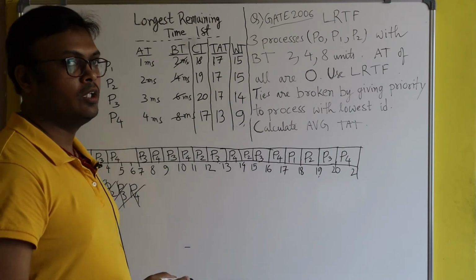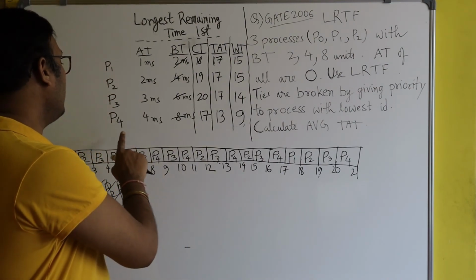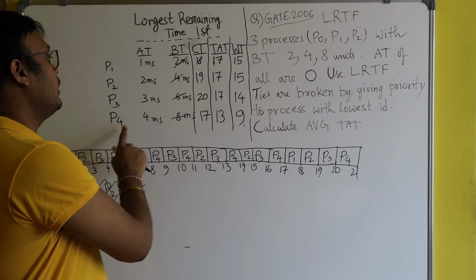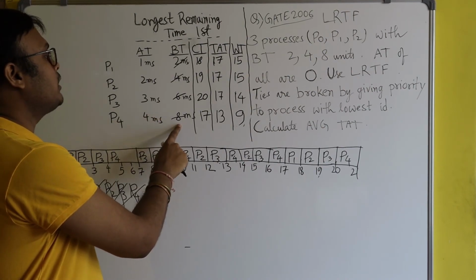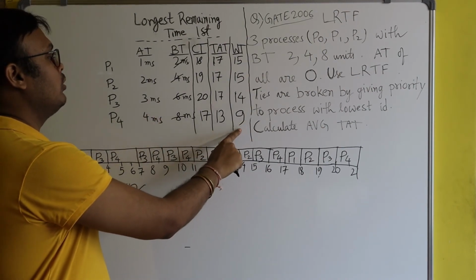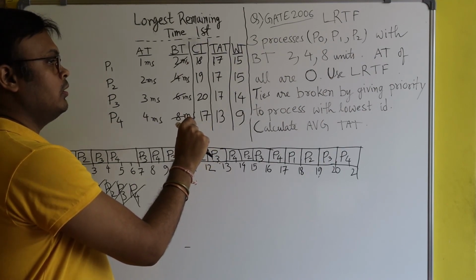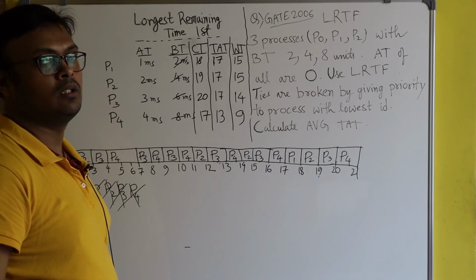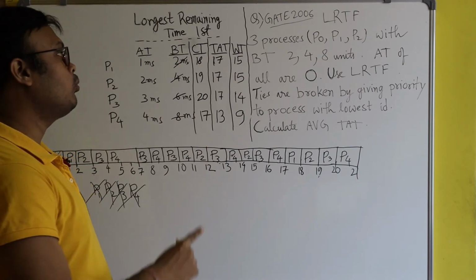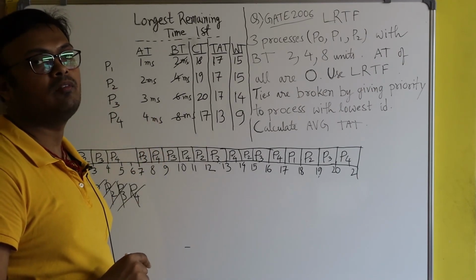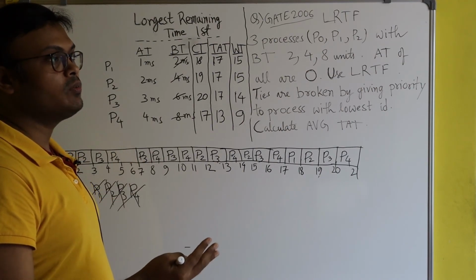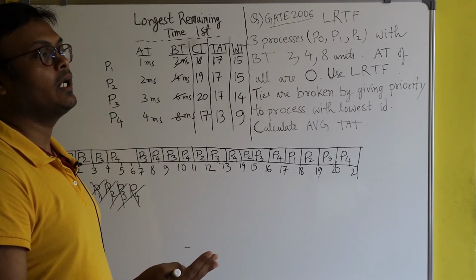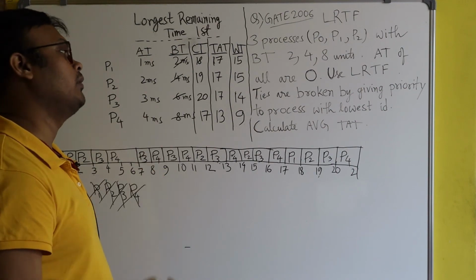So you see, process P4 has the longest burst time, but its waiting time is lowest among all the processes. That's the main point of the longest remaining time first algorithm: the process with the longest burst time has the lowest waiting time.